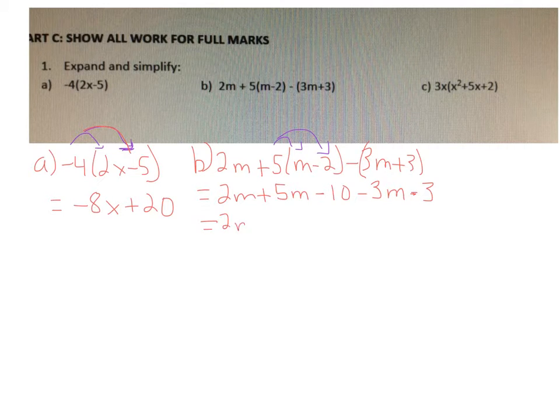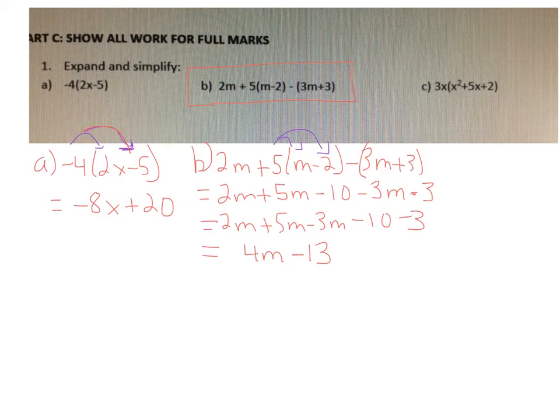Now I can group together my like terms and add them up. 2m plus 5m minus 3m, that makes 4m. Negative 10, so I have 10 negatives, and 3 more negatives. Altogether, I have 10 negative guys, 3 negative guys, altogether 13 negative guys. So I end up with a binomial answer from what looked like a pretty complicated polynomial when we started out.